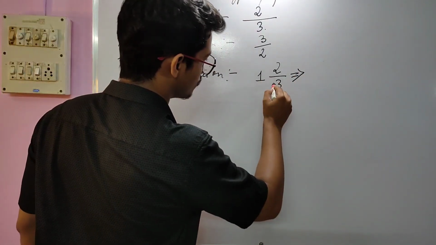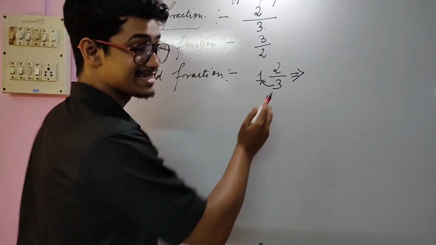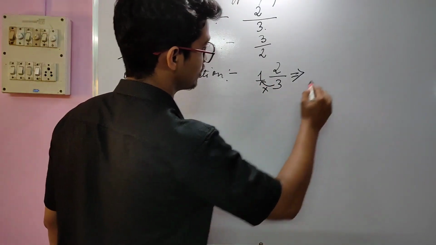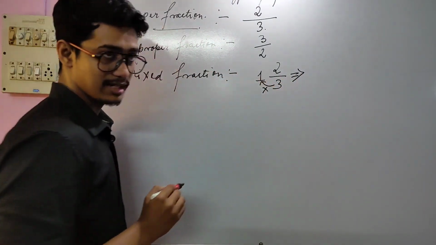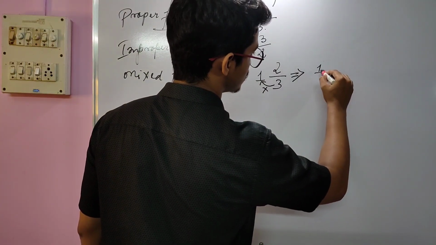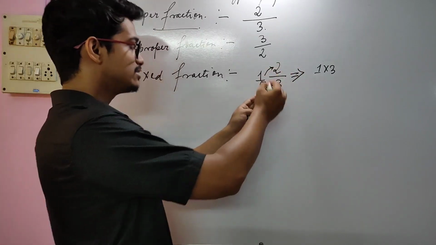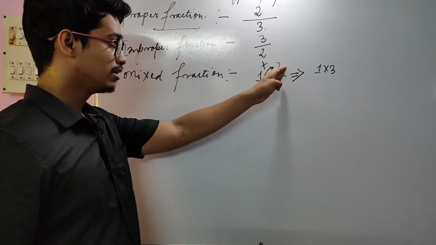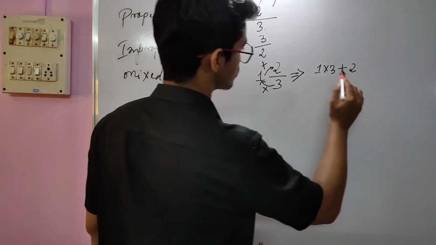So first we have to multiply 1 with this denominator. The denominator is 3 and 1 is the natural number. So first we have to do 1 into 3. Then we have to add the result with the numerator. What is the numerator over here? That is 2.